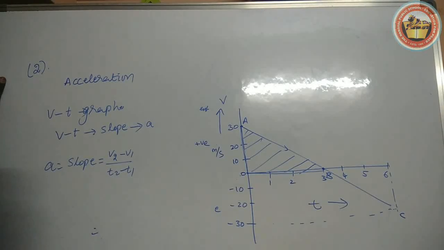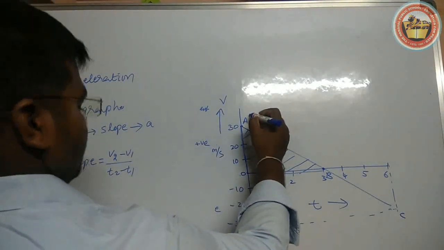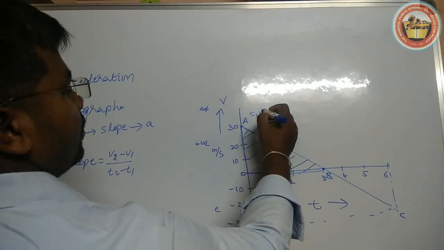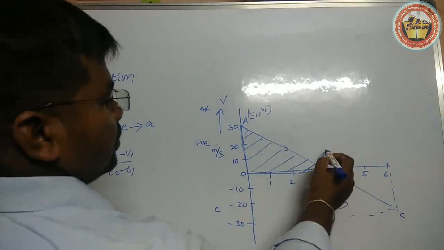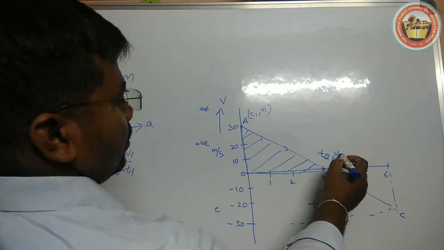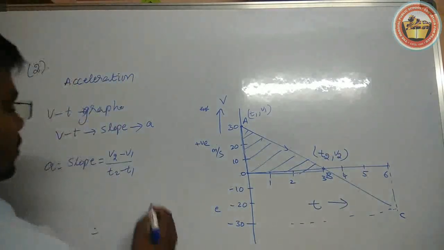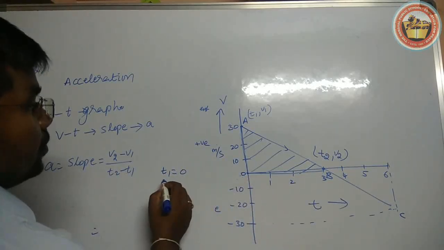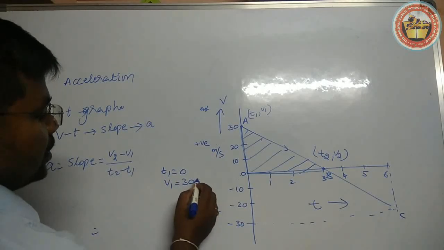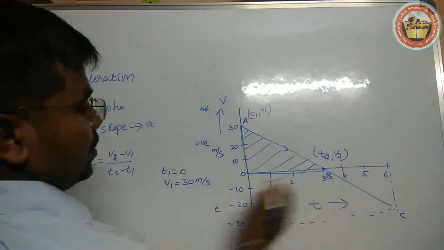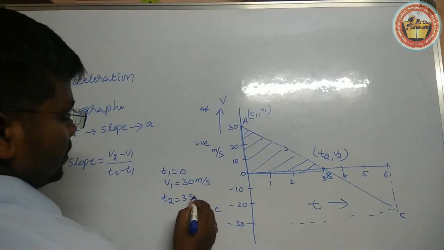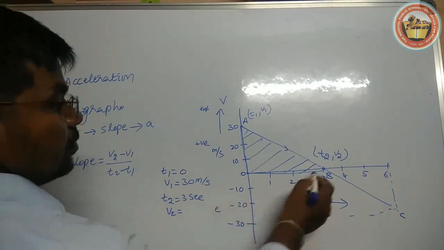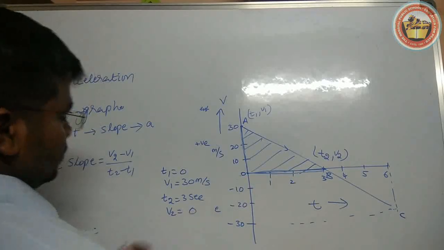See here, at position A we use T1 comma V1, and here T2 comma V2. T1 means 0, V1 means 30 meters per second. Next, T2 means 3 seconds, and V2, the velocity here, is 0.